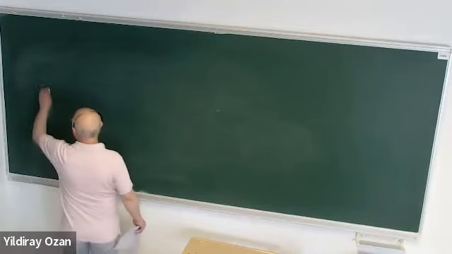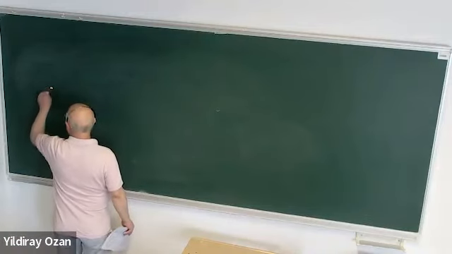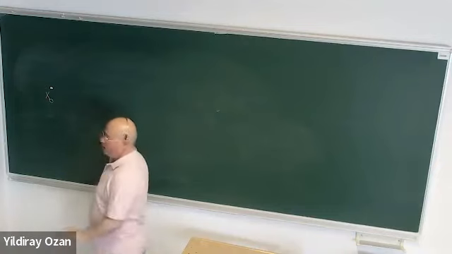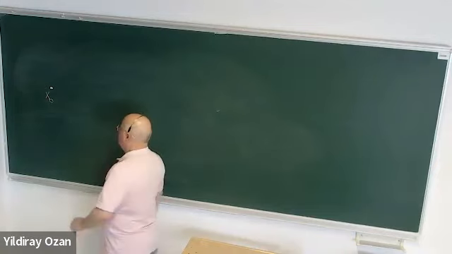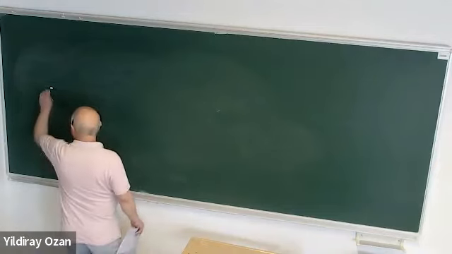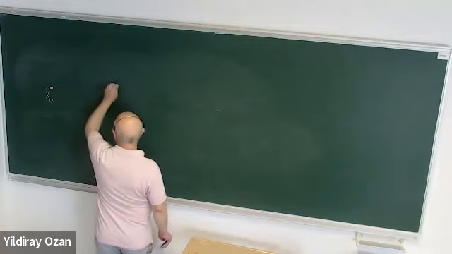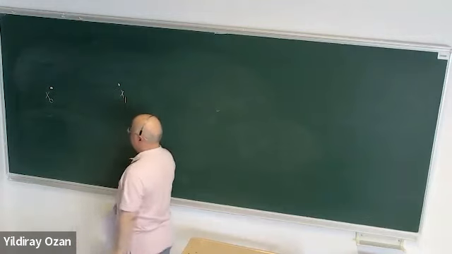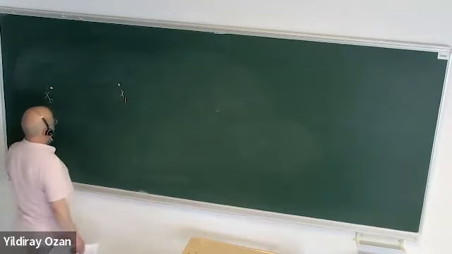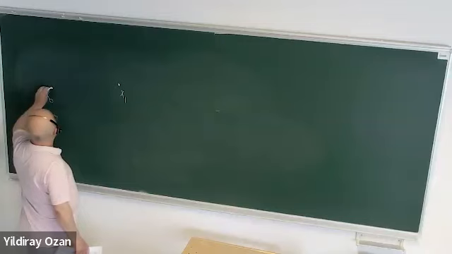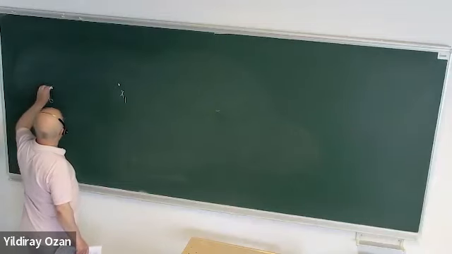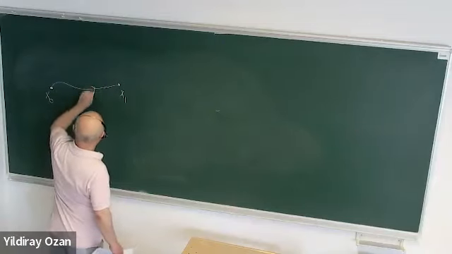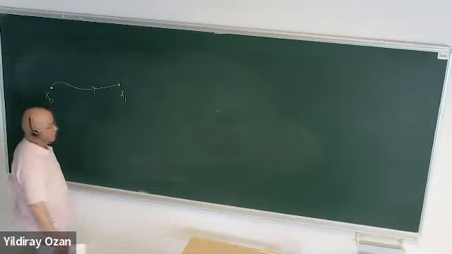So if your space is simply connected, then you can do the following. Fix a point here, then any other point in the space is actually characterized by a homotopy class of a path joining this point to this point.